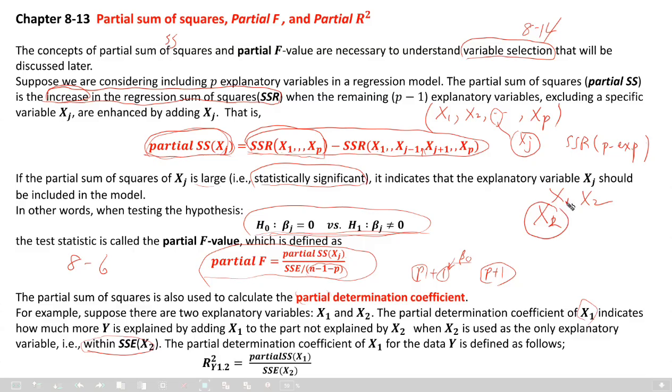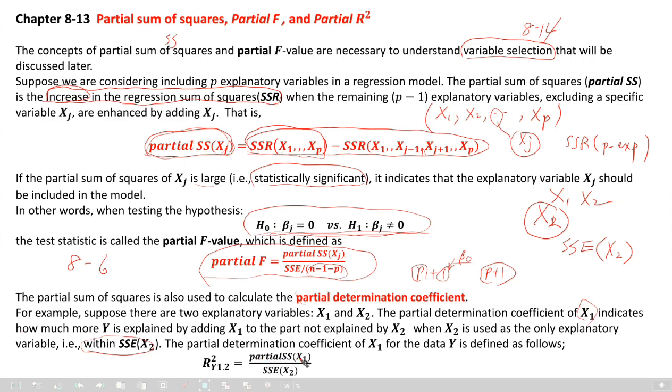You take x2 in the model, and then there is unexplained variation that we call SSE x2. And when you add x1 in the model, that is what? Partial sum of square of x1, right?